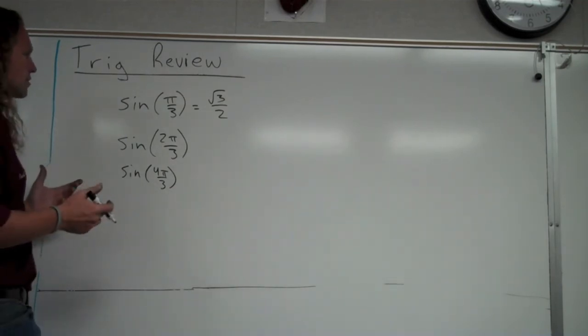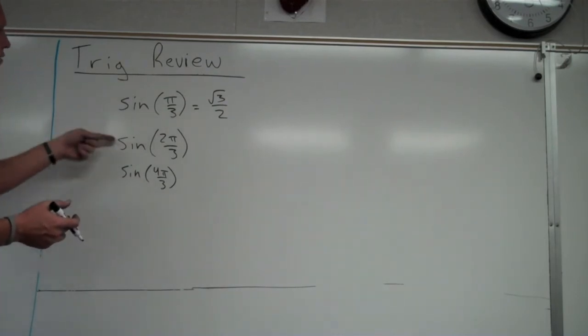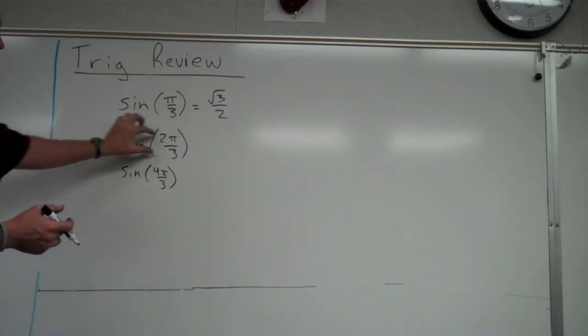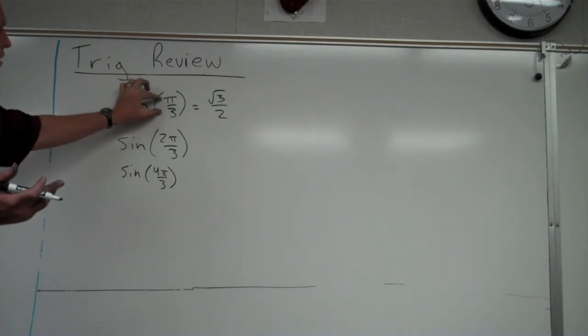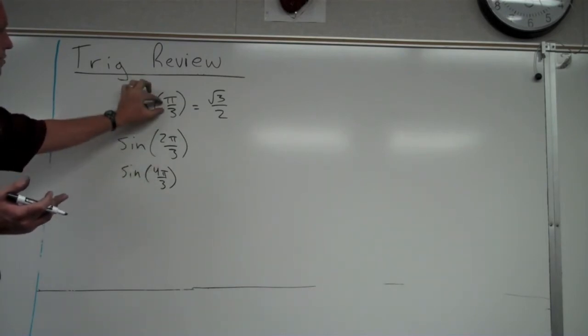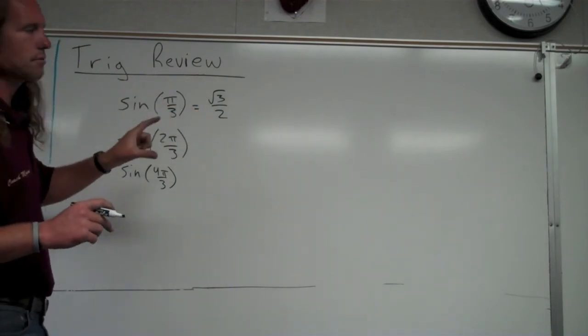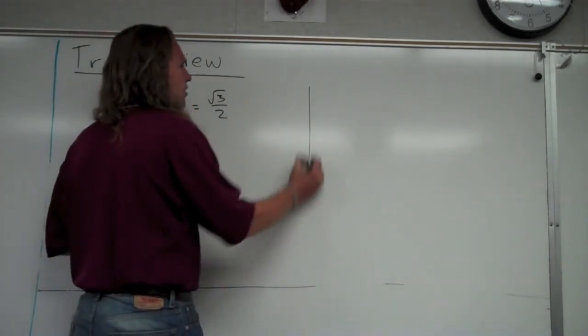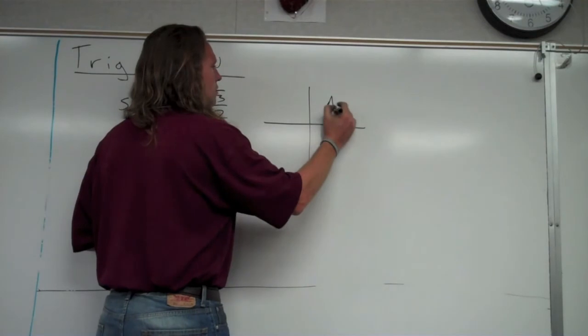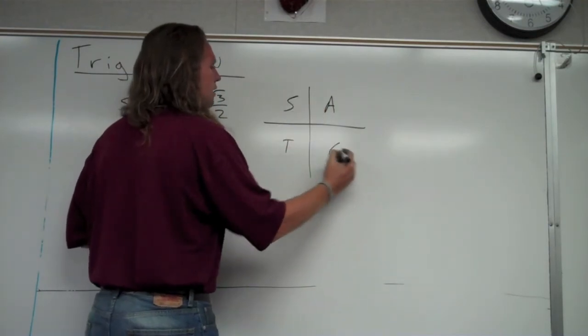Whenever you have a variation of that angle, if you recognize the root angle, as you could call it, which in this case for both of these would be pi over 3, then you know that it's going to be square root of 3 over 2. You just don't know exactly what the sign is going to be. But you can use your little chart here. All students take calculus.